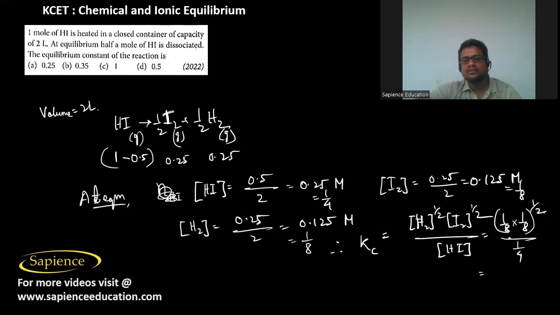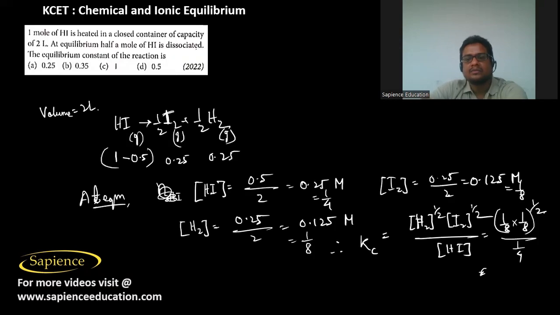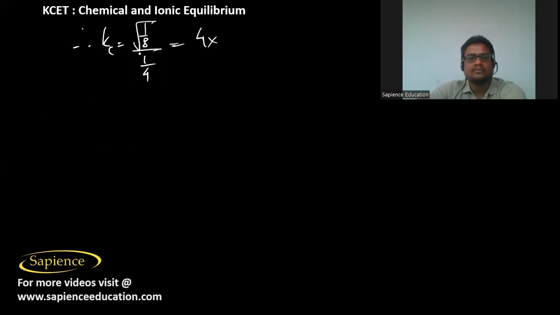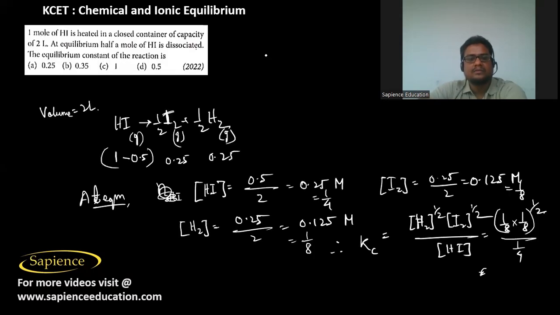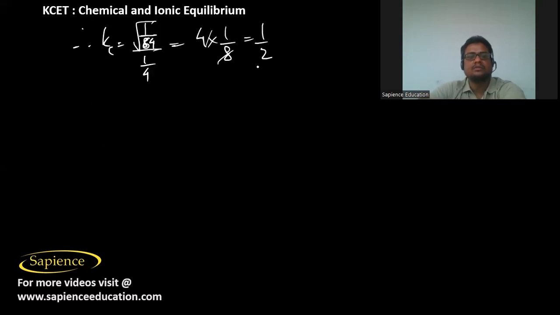So Kc will be equal to the square root of 1 by 64, which is 1 by 8, divided by 1 by 4. So 4 into 1 by 8 is equal to half. So the equilibrium constant is half, which is equal to 0.5.